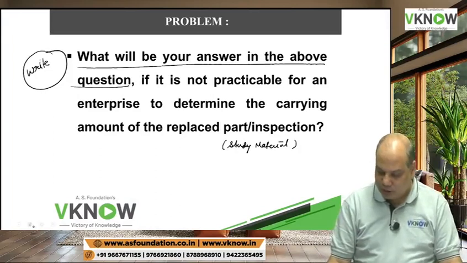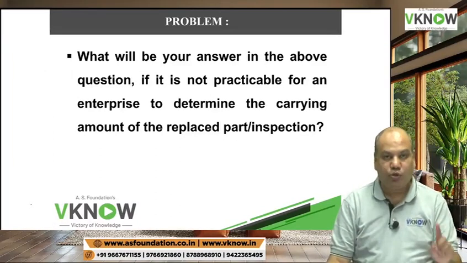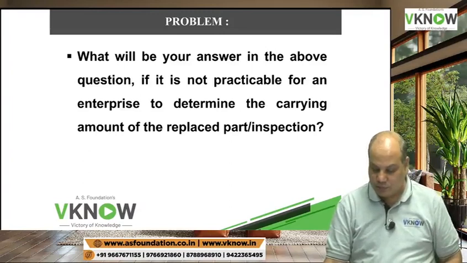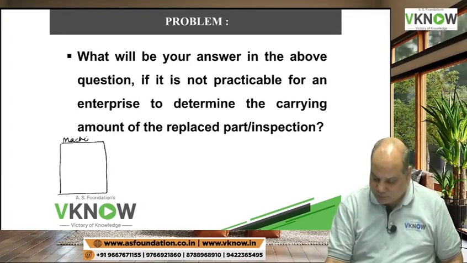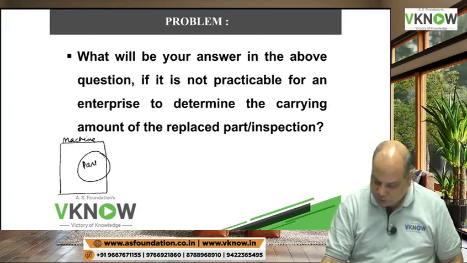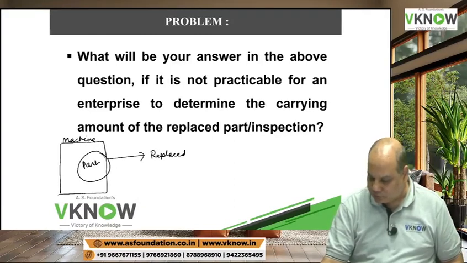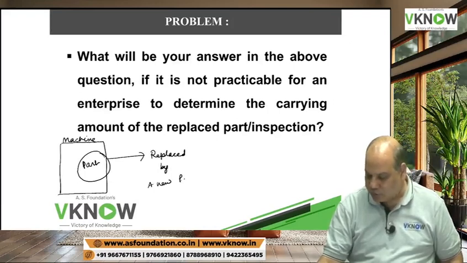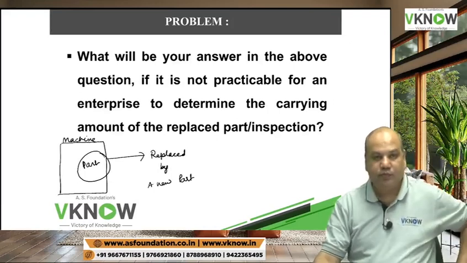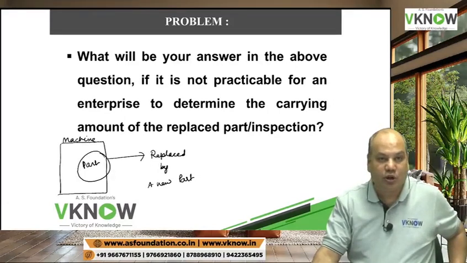That is a very interesting question, and I am going to take a numerical question on that. I will explain it one more time. This is, suppose, a machine. This is a part of this machine which needs to be replaced by a new part, because the machine may have a longer life, while that part may have a shorter life.